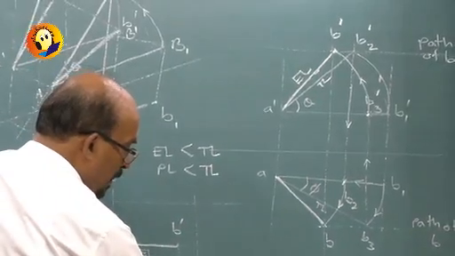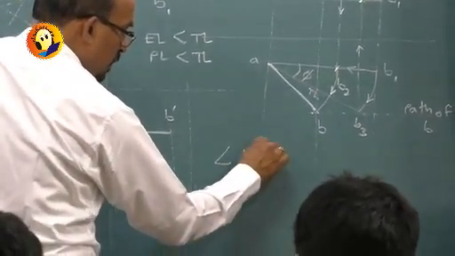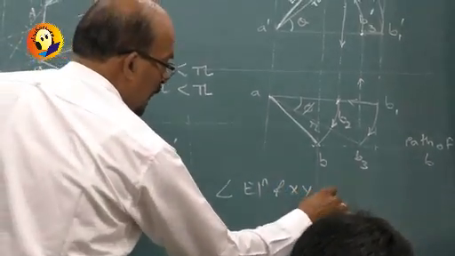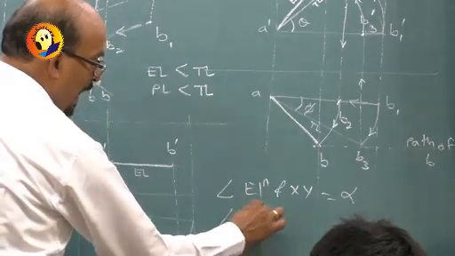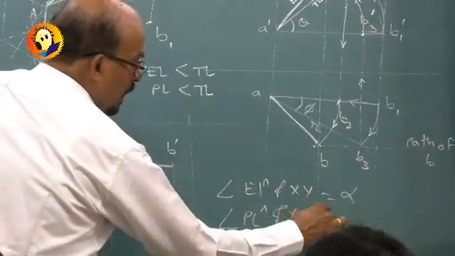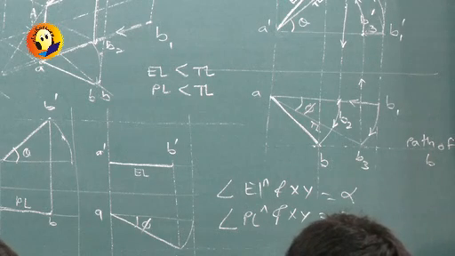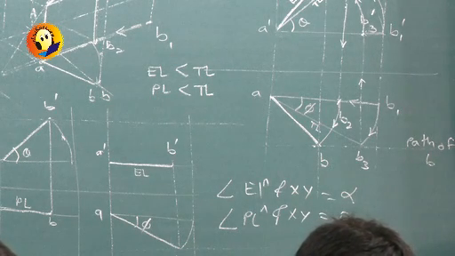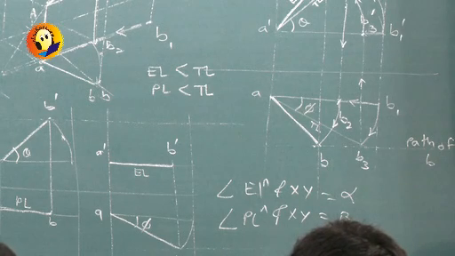Now apparent angle: the angle made by the elevation and xy is denoted as alpha, and the angle between plan and xy is denoted as beta. These are called apparent angles. What are true angles? Theta and phi, the angles made by the line with HP and VP. Alpha and beta are angles made by the elevation and plan with xy.